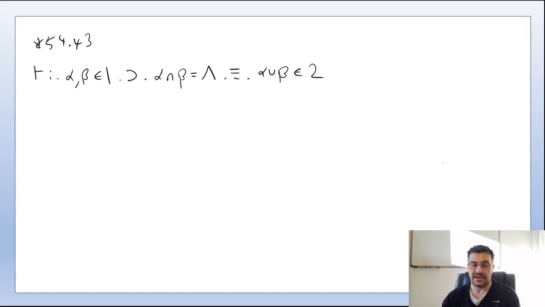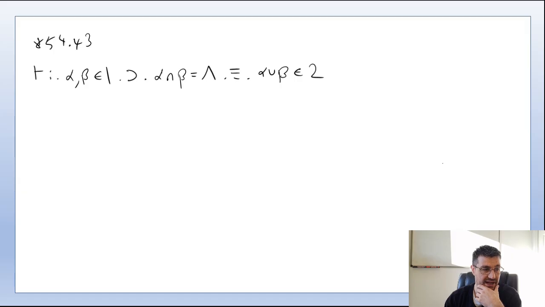Well, one is the class of unit classes of any given type. So just like lambda, there's an infinite number of ones corresponding to each type. The members of the class 1 are unit classes, so it's a class of classes, and the members are classes that have a single member.